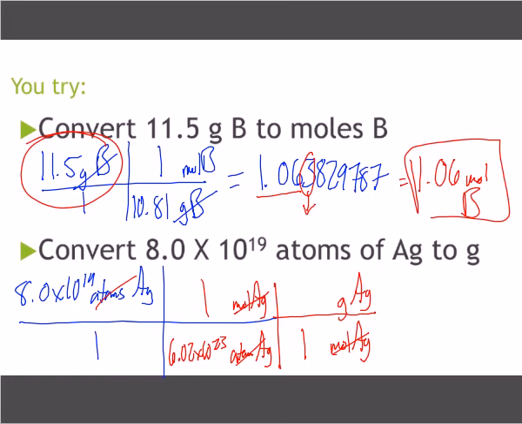It's like 107 point what? 868. Okay, when you do the math, what do we get for a final answer? You can round it. 0.01 grams. Is that correct, sig figs, though?